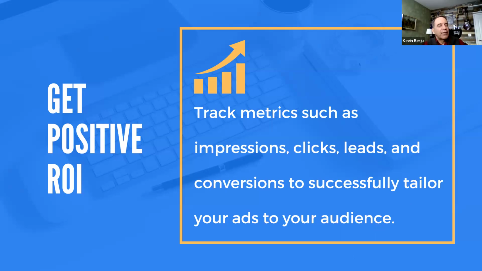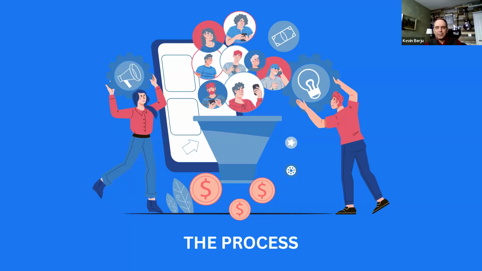With that information, you can make data-driven decisions to see what's working and ensure that your budget is being well spent and used effectively, where it counts. And to get the results that you're looking for, you can track metrics such as impressions, clicks, leads, and conversions to successfully tailor your ads to the audience that you think will use your services.